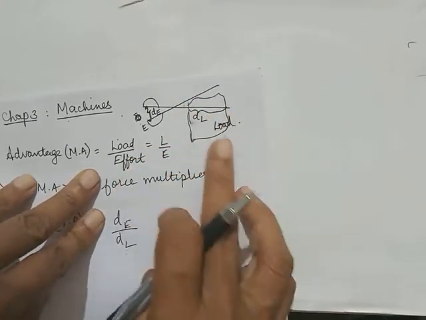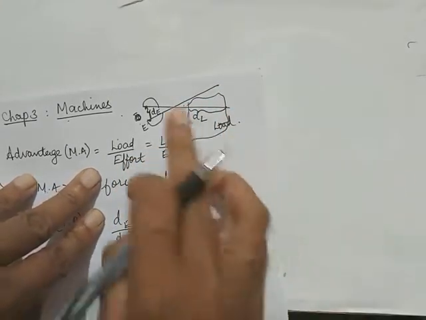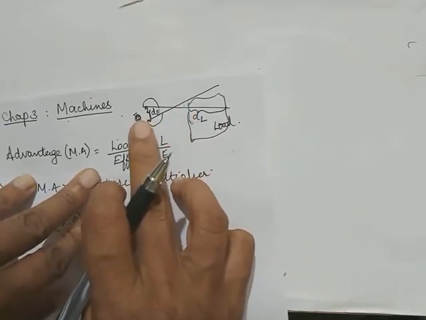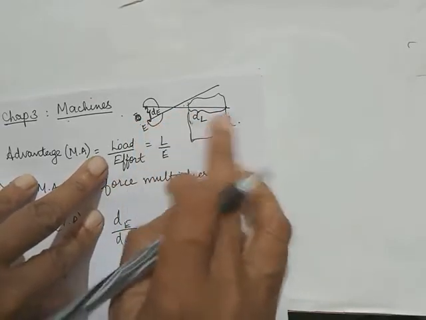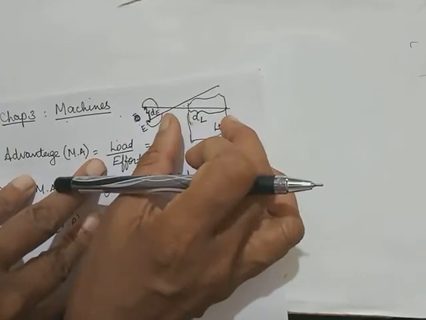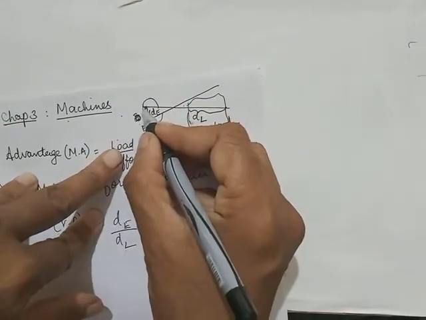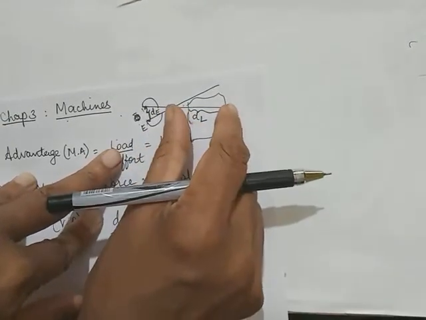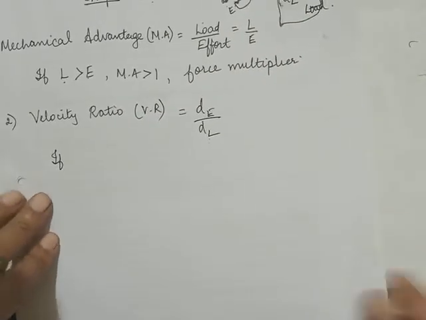You cut a paper or a cloth, a paper you can cut without a scissor also, but by using a scissor, what happens? Your work becomes faster. You move your effort only through this much distance, but your load will move through a long distance. So those are called speed multipliers.